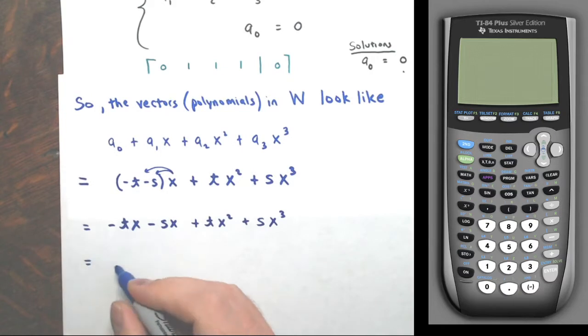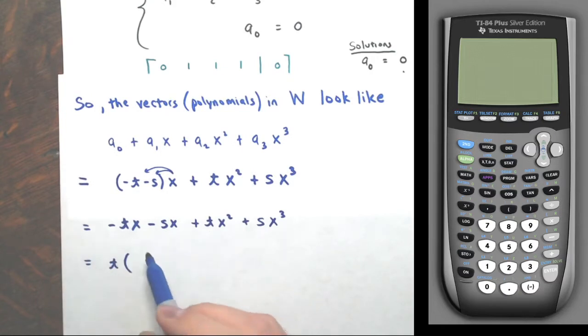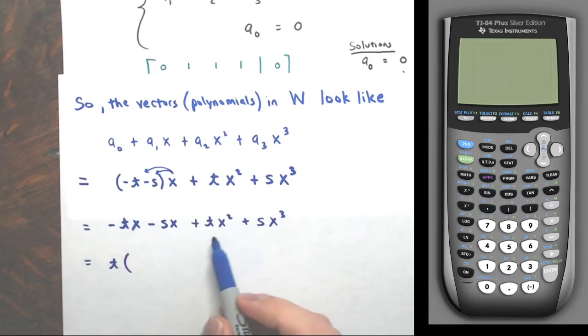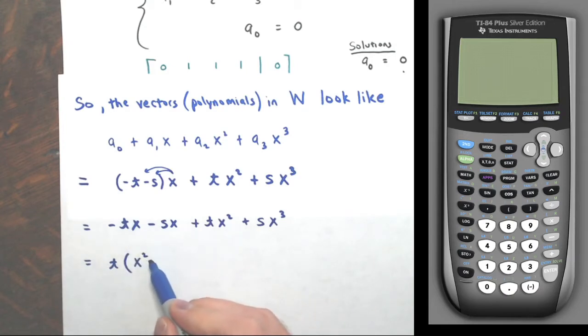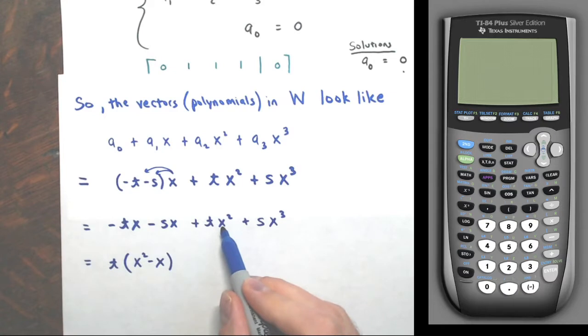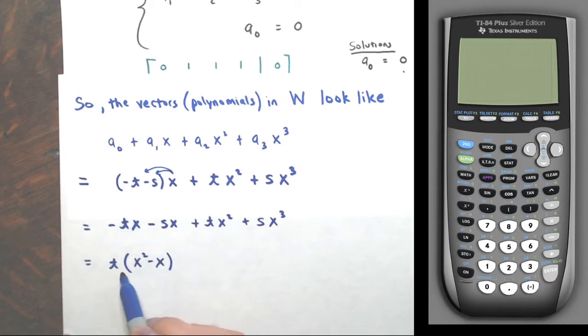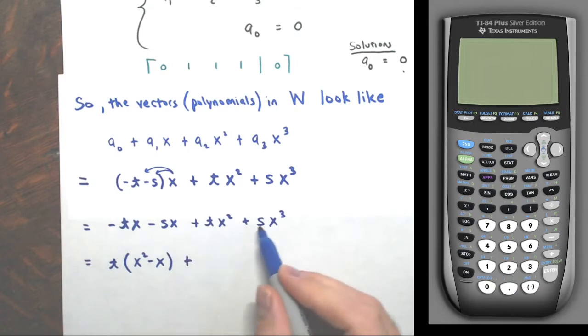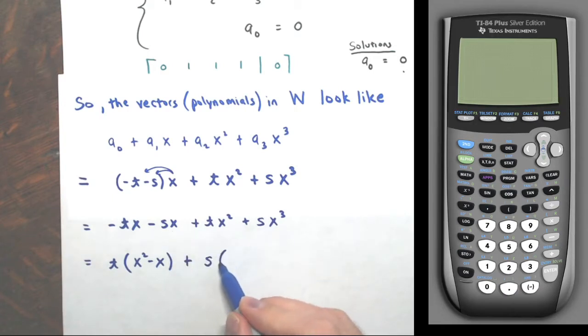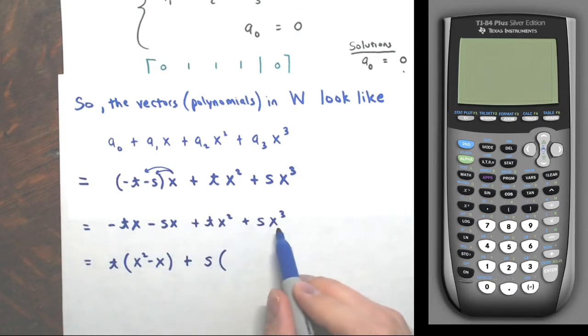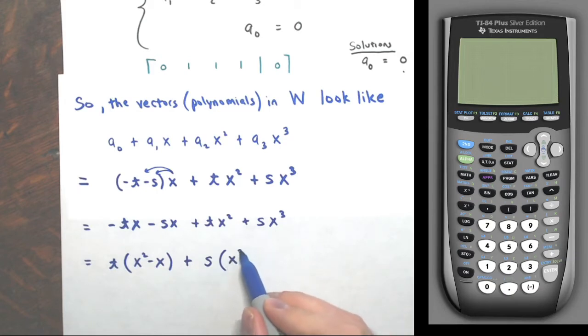Gathering the terms with t, we have t multiplied by x squared minus x. And the ones with free variable s have negative x plus x cubed, so x cubed minus x.